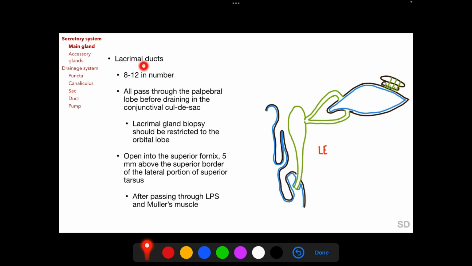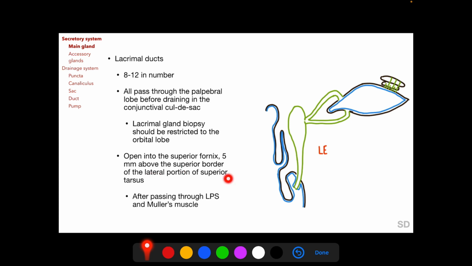The lacrimal ducts open into the superior fornix after passing anteriorly through the levator palpebrae superioris aponeurosis and the Muller's muscle, and it opens into the superior fornix 5 mm above the superior border of the lateral portion of the superior tarsus.